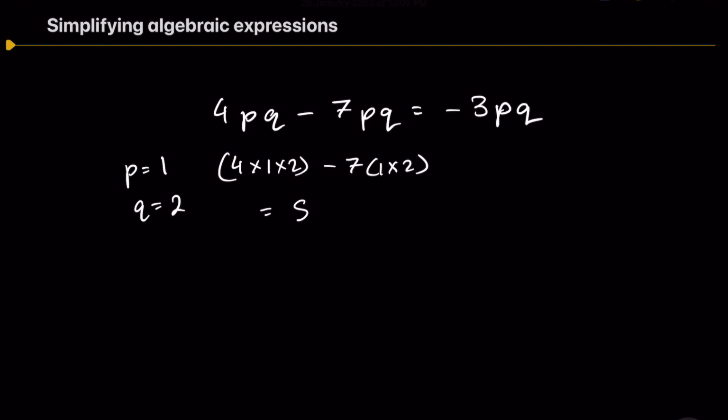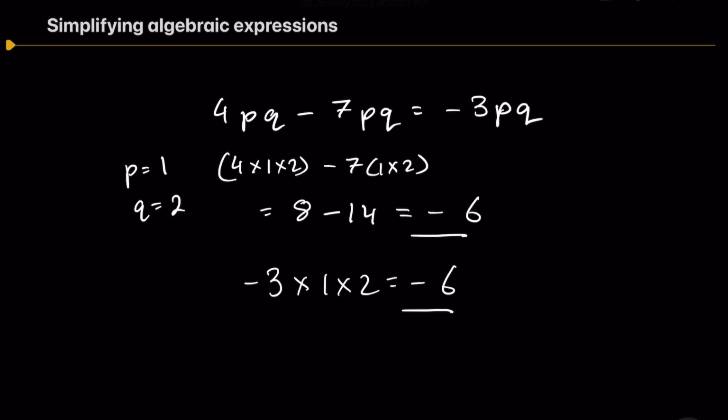This would become 8 minus 7 into 2 is 14. So 8 minus 14, which is equal to minus 6. And what is minus 3pq? Minus 3 into 1 into 2, which is equal to minus 6. So they are the same.